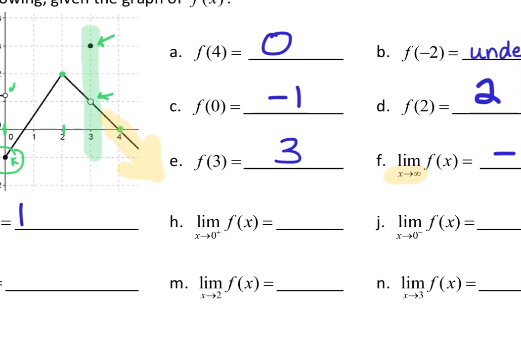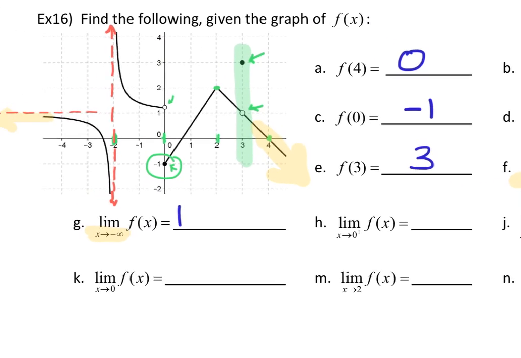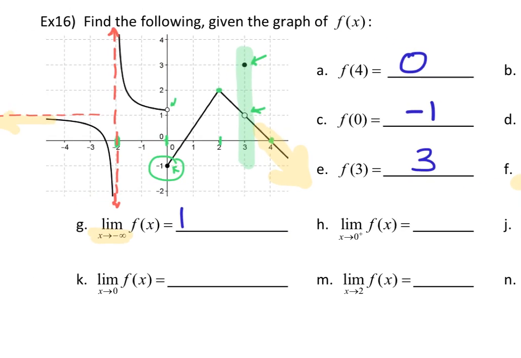Now in letters H and J and K, we're going to look at the limit as x goes to 0 from the left and from the right, and then take those two answers and use them to answer the limit as x goes to 0 in general. I'm going to erase the scribbles that I put on the x equals 0 so far, and start to color code just a little bit.